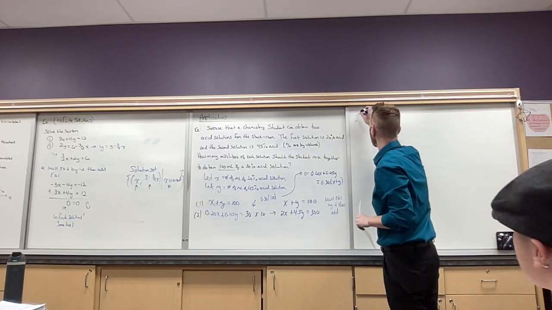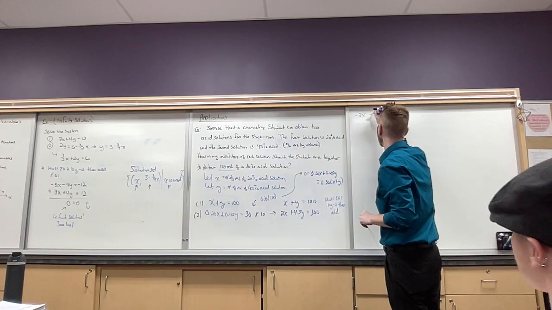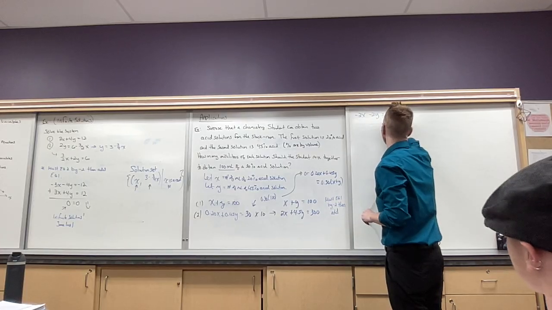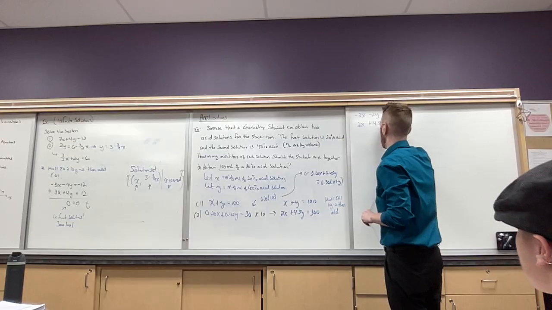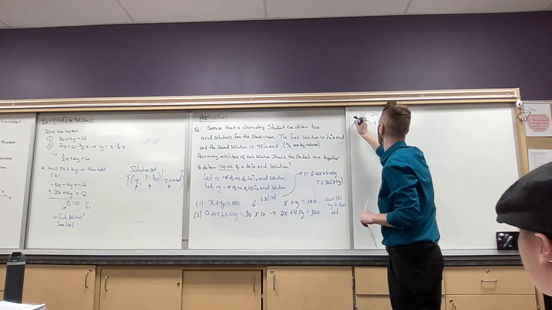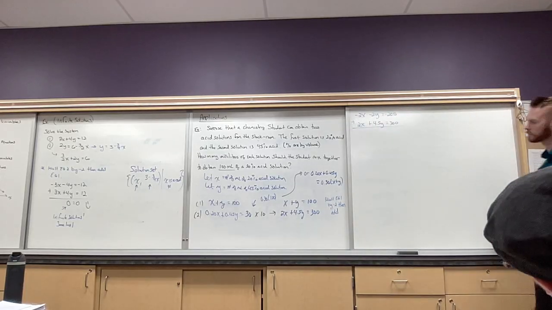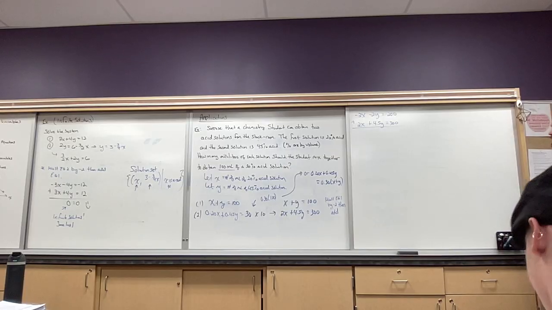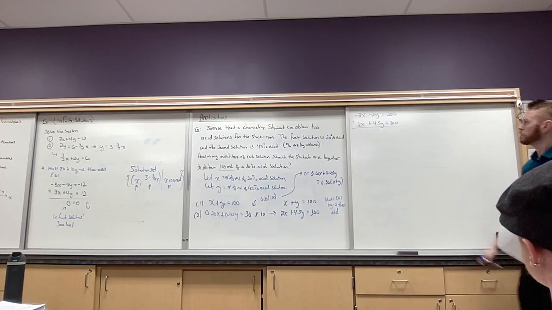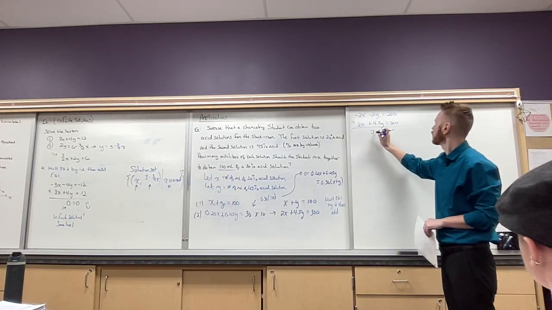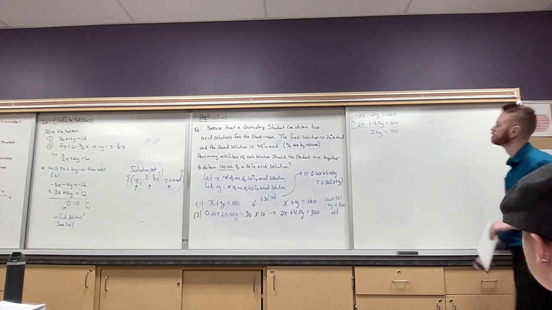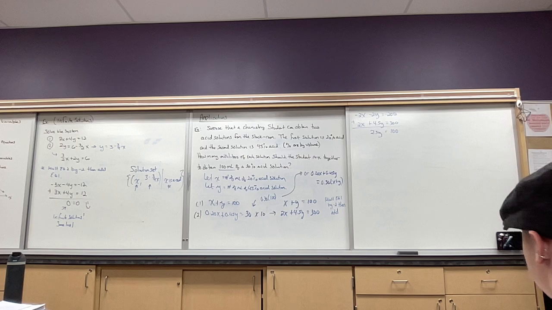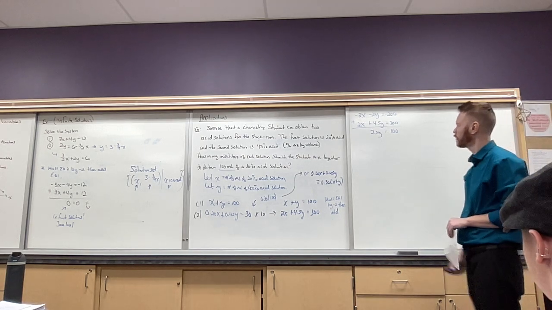We get -2x minus 2y equals -200. 2x plus 4.5y equals 300. The x's are gone. This will become a positive 2.5y. And over here we get 100. Hey, that's not too bad now. So we'll divide, and that's 40.